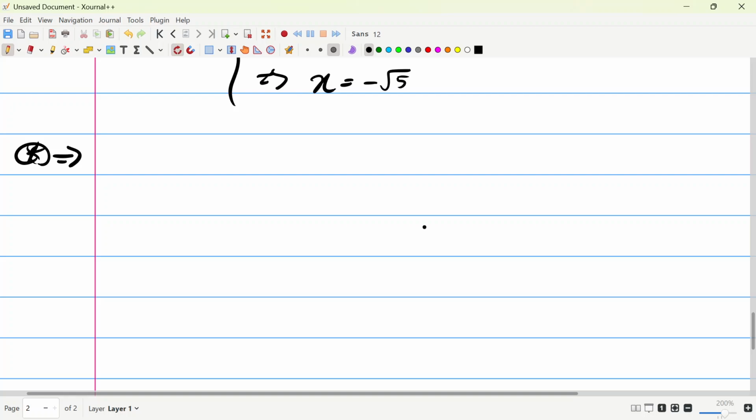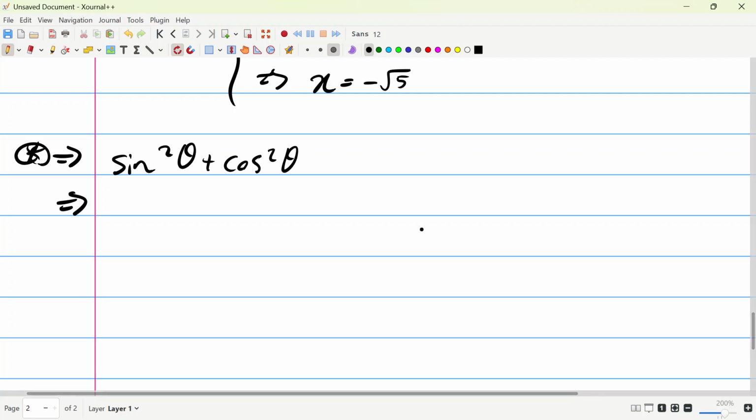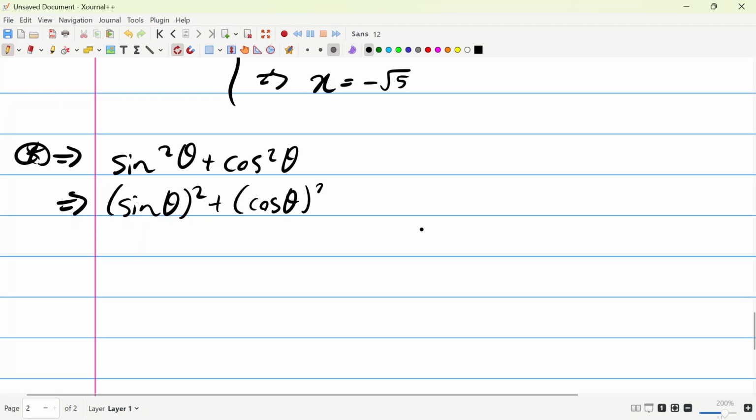Remember, we are trying to evaluate sine squared theta plus cos squared theta. And notice, sine squared theta is actually just the same as sine theta to the power of 2, plus cos theta to the power of 2.